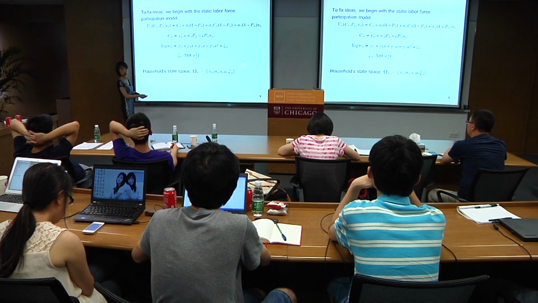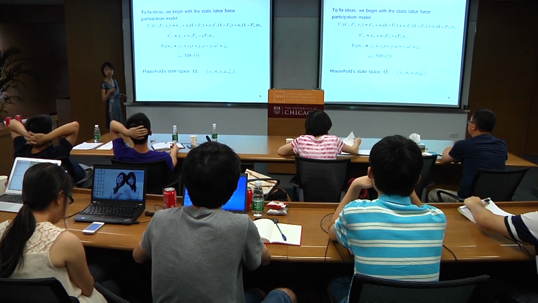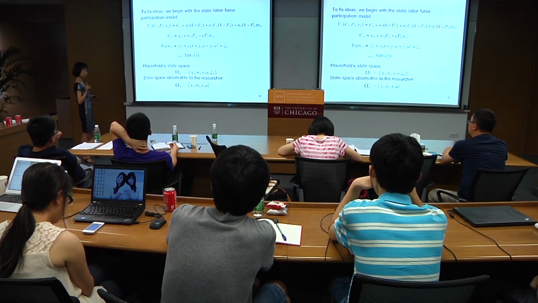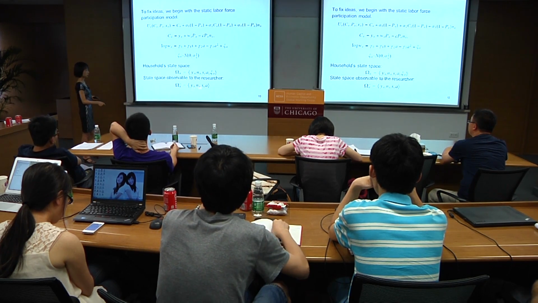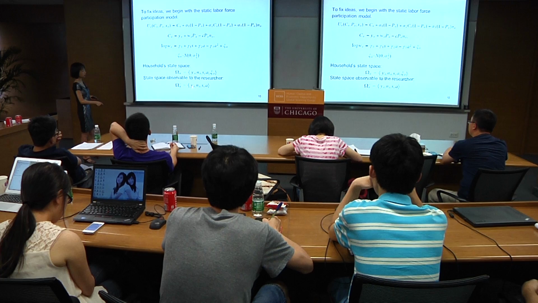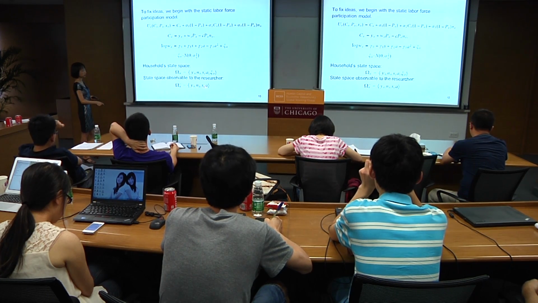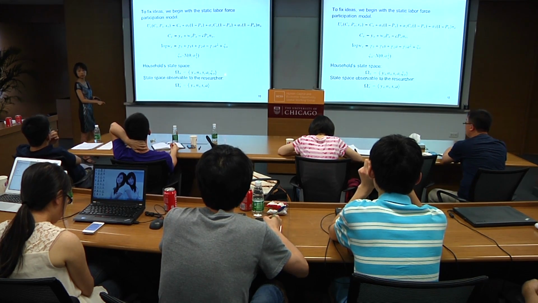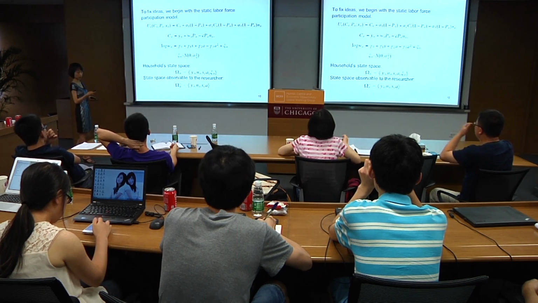We assume that you observe your wage offer before you make the participation decision. The state space observable to the researcher is without the shock. We observe the husband income, number of kids, schooling, and age, but not the wage shock. Basically, we don't observe the wage offer.